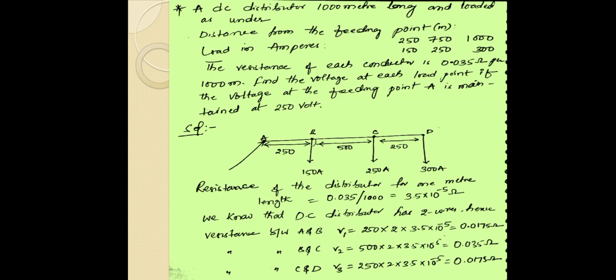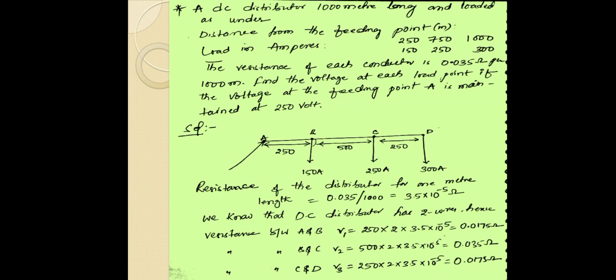Here we need to draw this diagram, I already drew it here, so you can check it. At feeding point A we are maintaining 250 volts, according to the question. AD is the distributor, 1000 meters, and according to the given data I am taking the tappings.